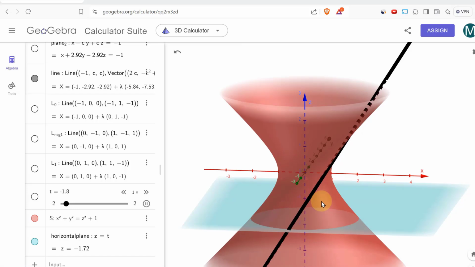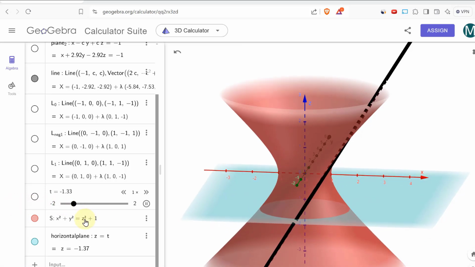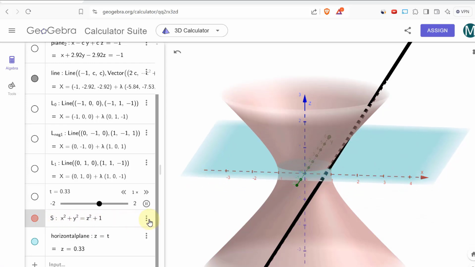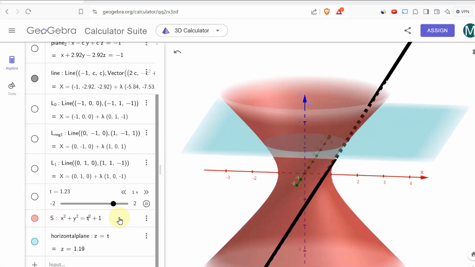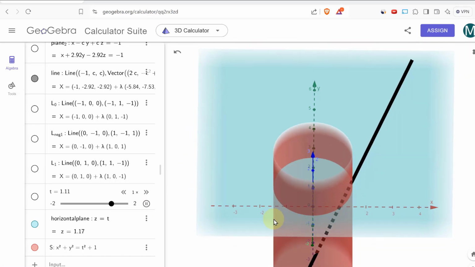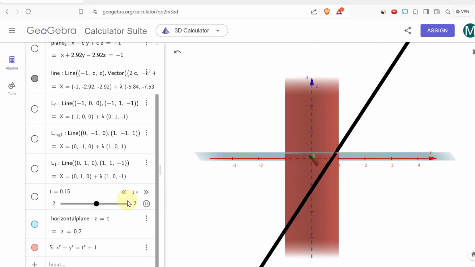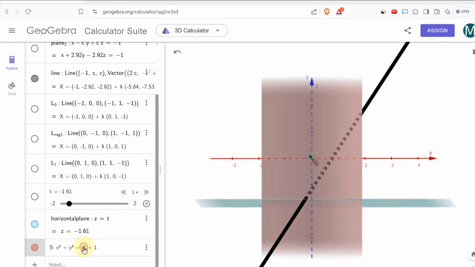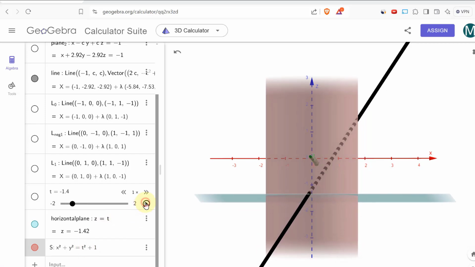Also, if we change this into a t, I'll copy and paste this and put a t there. If you put a t, it just becomes a cylinder like that. So I'll change this back into z. I'll pause this here.